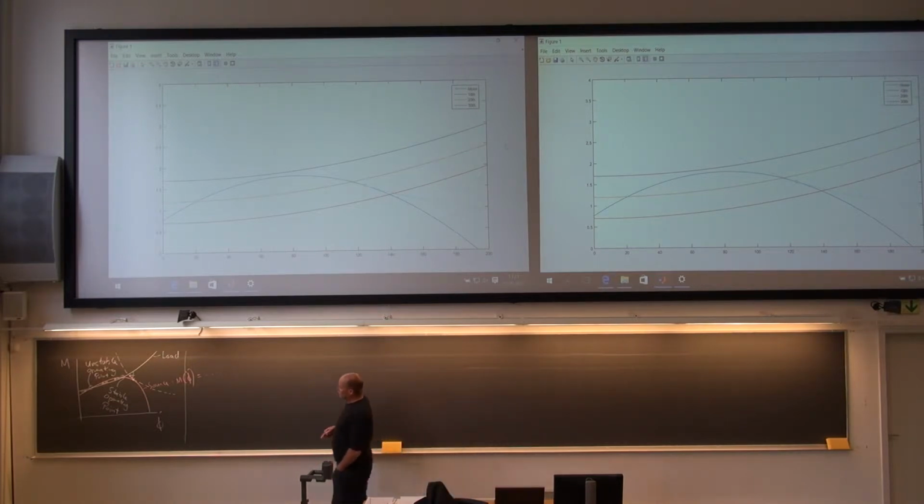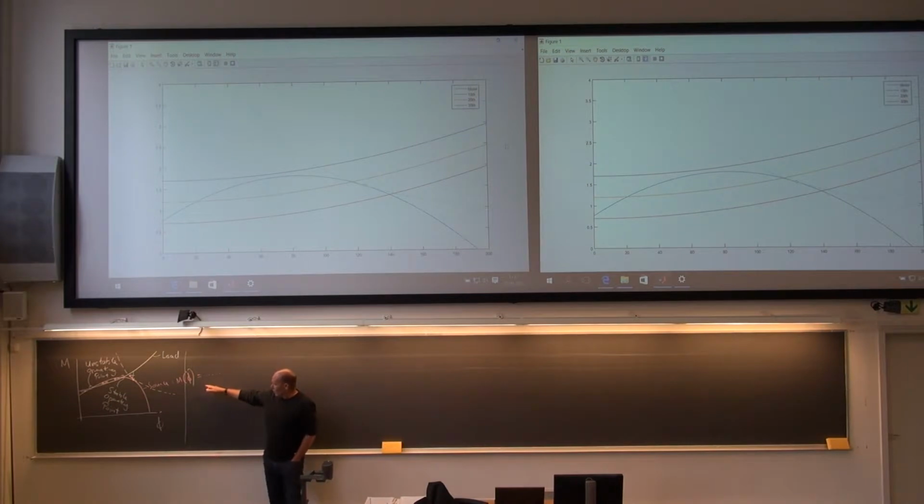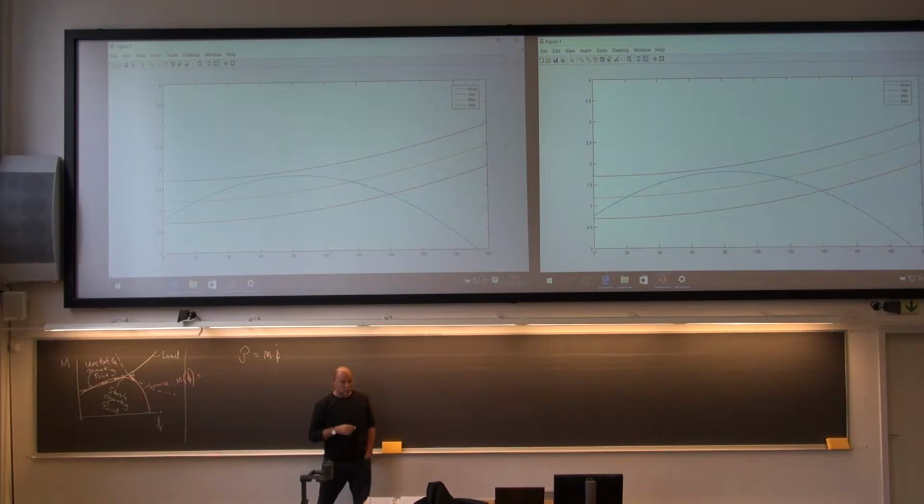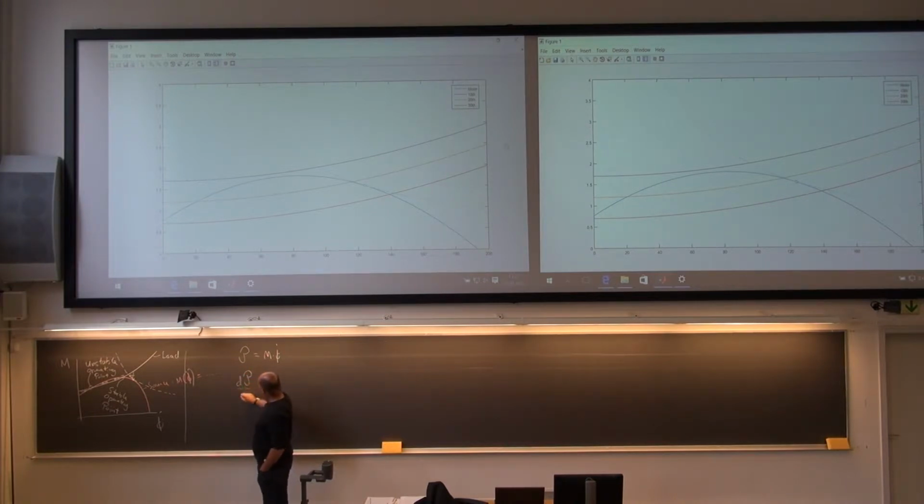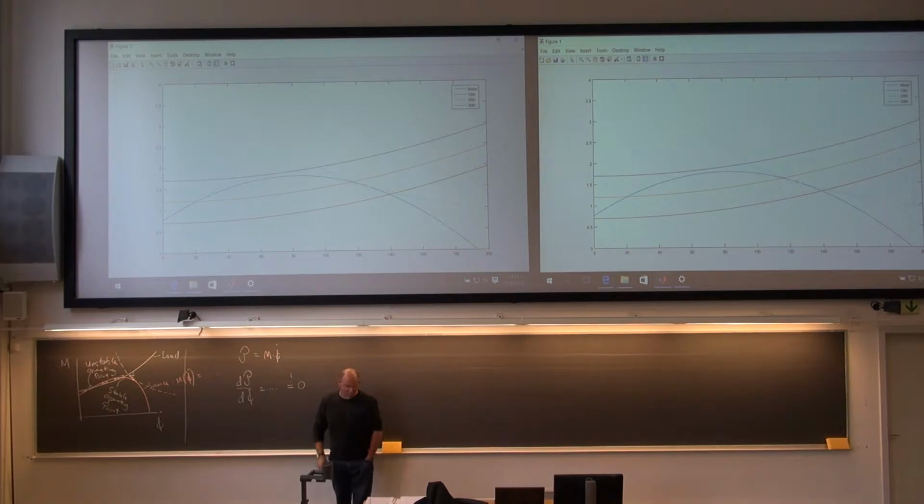You have the argument v dot squared plus v dot plus a constant if necessary. So you have an analytical expression, then you can easily find this function here, and then you want to find the maximum power. Okay, then you take the derivative with respect to the rotational speed, find an expression for that one, and then you demand this one equal to 0. Then you will have the maximum power.